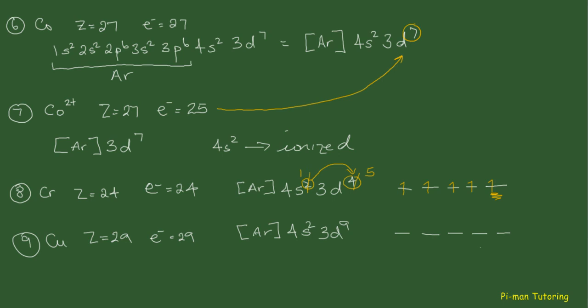Well, that leaves one empty space, and it turns out that the atom is happier if that 10th electron joins the other 9, and we leave an unpaired electron in the s level instead. So we end up with 3d10 4s1 instead. So those are two specific exceptions based on unique stability configurations in the d level. So just be aware of those.